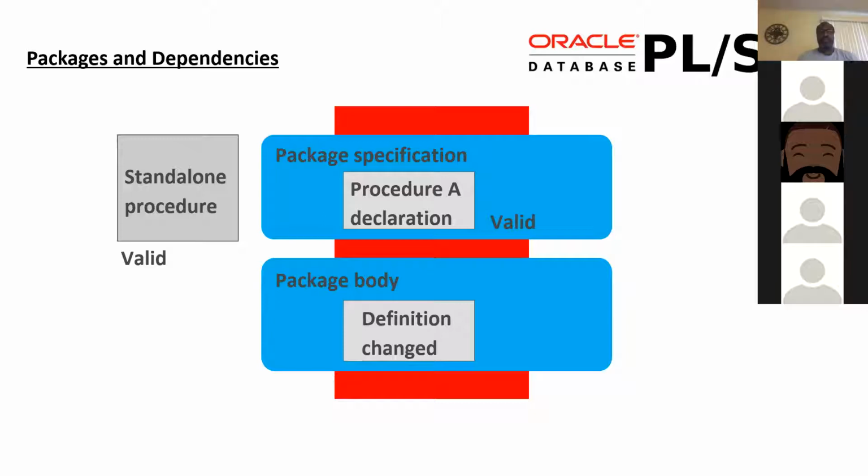So with dependencies, there's truly a direct dependency. Basically, if the package is created correctly, then there's not going to be an issue with any type of scenario that recompiles the body.